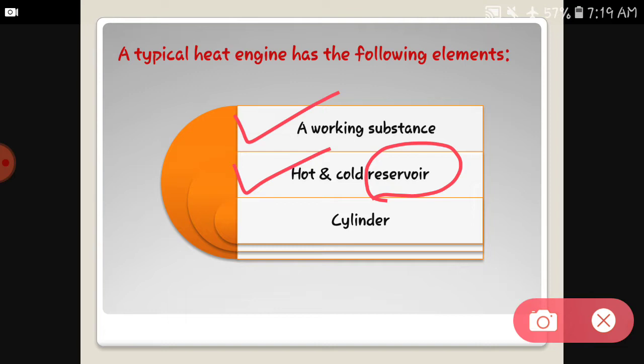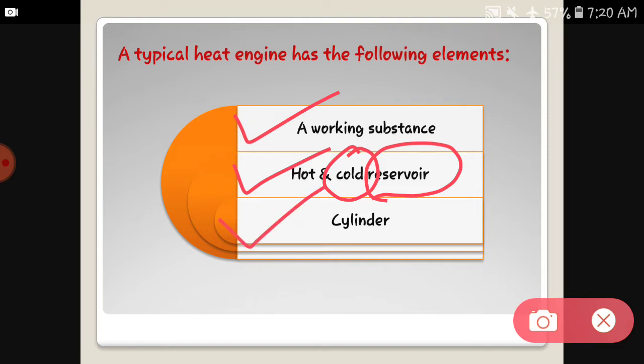It is either hot or cold, so we are going to use both of them, because as we discussed earlier, not all the energy is converted into work; some will be exhausted, and that will go to a cold reservoir. And the last element used in a heat engine is the cylinder.